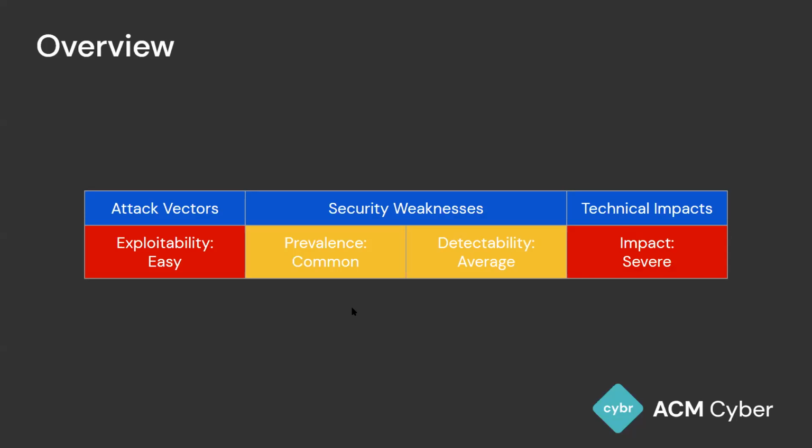So it's not as bad. It's no longer red, it's yellow. And this is one of the things that puts it up in the number one spot, because it's so common. And then if you combine it with the fact that the detectability is average, you can obviously tell it's not a blatantly easy risk to find, but it's not exactly really hard either. It does take some probing of the system, but it's not extremely hard, right? And so the impact is severe.